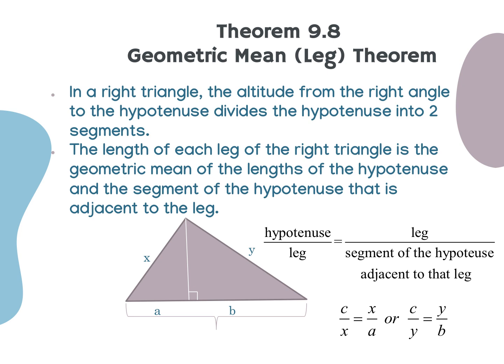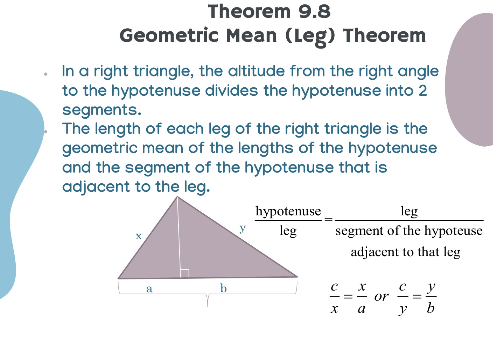And again, let me label the picture. So this I'm going to label as C, this whole thing here, this whole bottom piece. C is going to be my hypotenuse. The X over here, this is a leg, and this is the original right triangle.